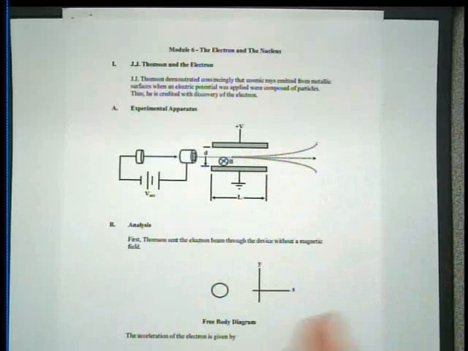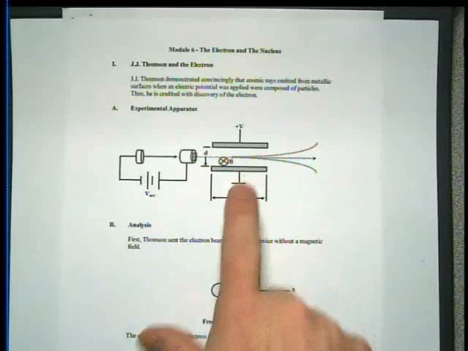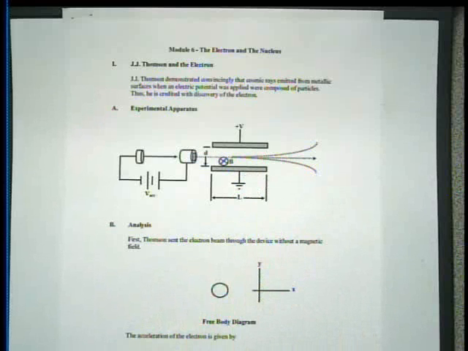Other people have done this. The problem is they didn't get the tube a really good vacuum. And if you don't, and it has dirt or anything inside it, what happens is it charges up. And it produces its own field that cancels the field of the plates. So sometimes it appeared that they got deflected, and so they must be charged particles. And sometimes they didn't, in which case people thought that they were light, because they didn't know about photons.